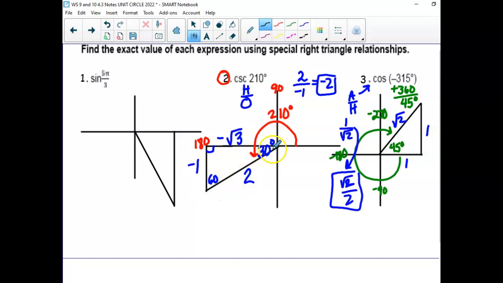What would I need to divide the radius by to make it a 1? I need to divide by 2. So that's what they do. They divide everything by a 2. To make this have a radius of 1, I would need to divide by square root of 2. So when we get to the unit circle, the radius will always be 1.